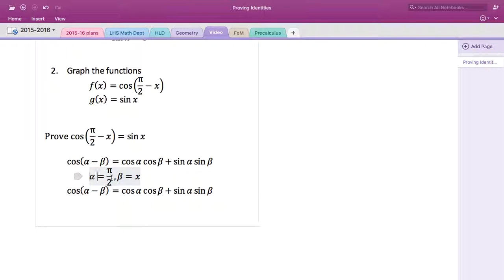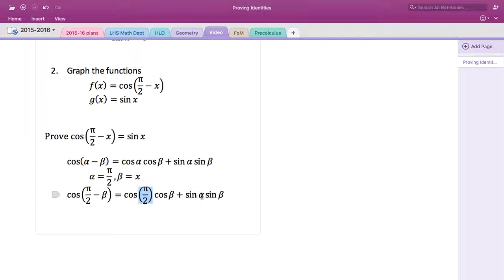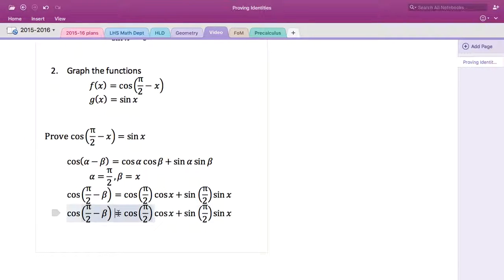So we take this formula and plug in pi halves for alpha and x for beta. Now let's look at this.